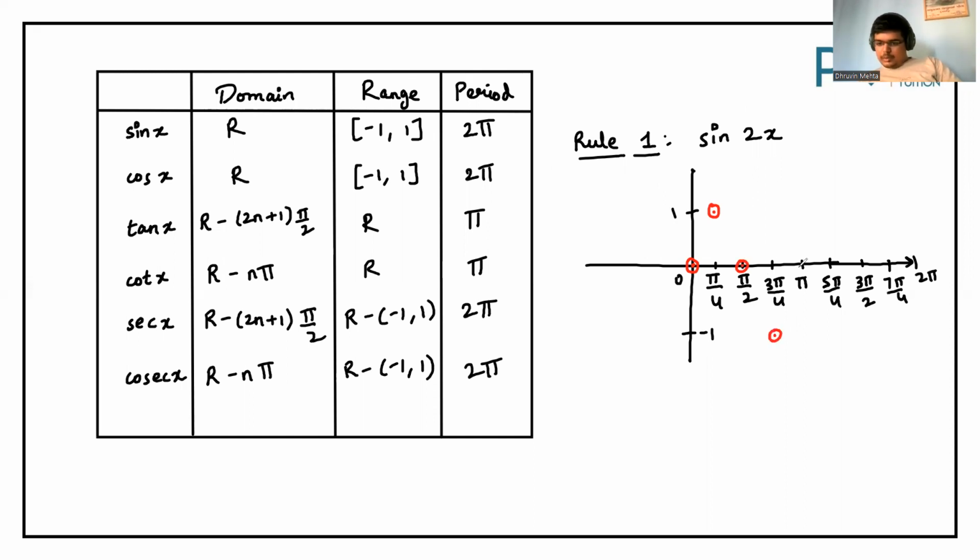Take x as 45 in this, substitute x as 45, what will we get? 2x मतलब 90. So it will be 1.